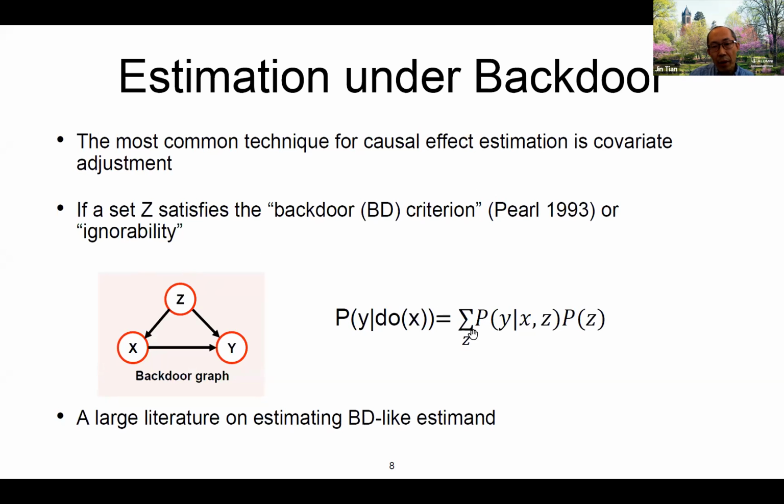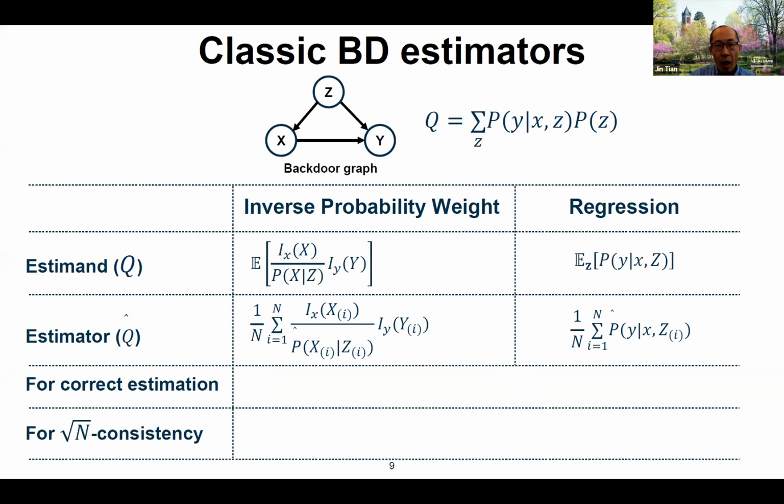If they satisfy the backdoor criterion, then the causal effect of X on Y can be estimated by this covariate adjustment. And there is a large literature on estimating this. For example, we could estimate this expression directly by estimating this conditional distribution of Y given X and Z, or the outcome regression. And then we plug in to compute the expectation.